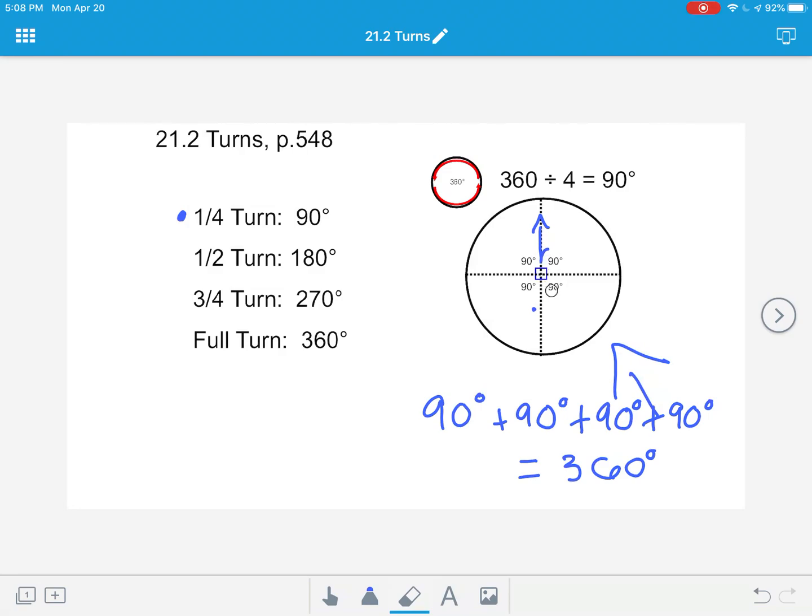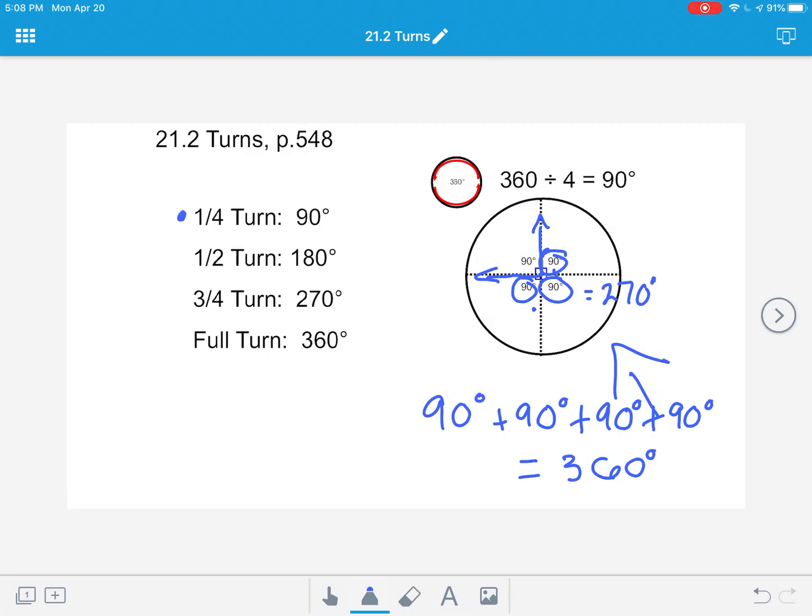Then, a 3/4 of the way turn. A 3/4 turn would be with 3 pieces of this pie. 90, 90, and another 90. 90 plus 90 plus 90 equals 270 degrees.